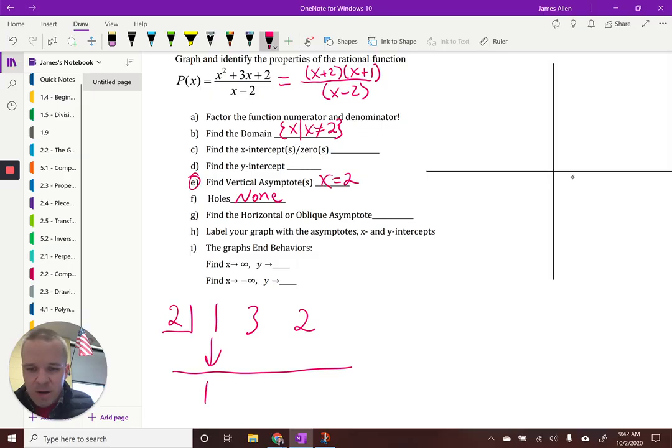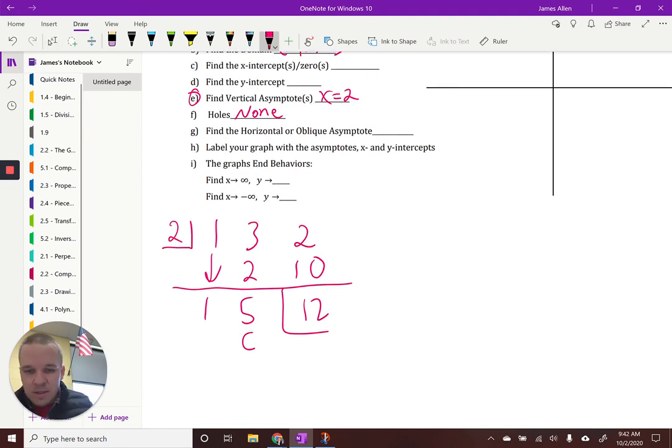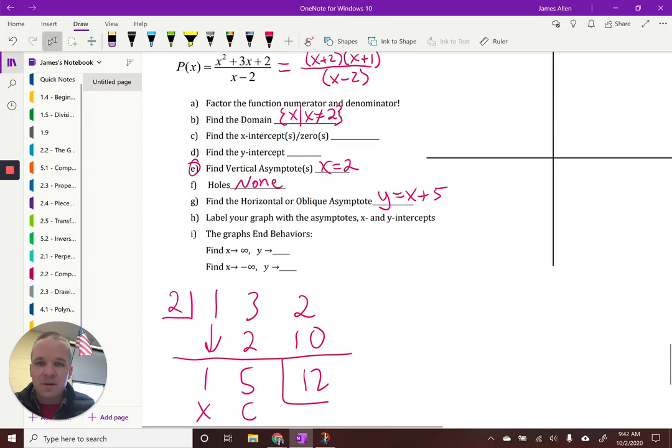This one is just nice and straightforward. Watch, I make a mistake as I'm saying that it's nice and straightforward. That would be hilarious. I hope I don't. Then we got 10 and then 12. Boom. I don't care about the remainder. What I do care about is, this is my constant, that's my x. So my oblique is y equals x plus 5. Nice. Good stuff. Fantastic stuff.